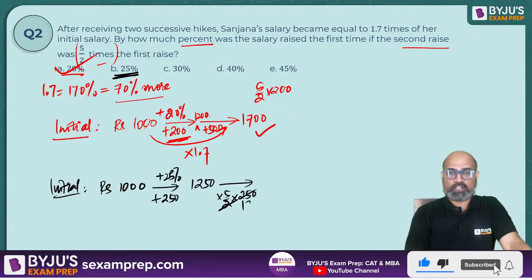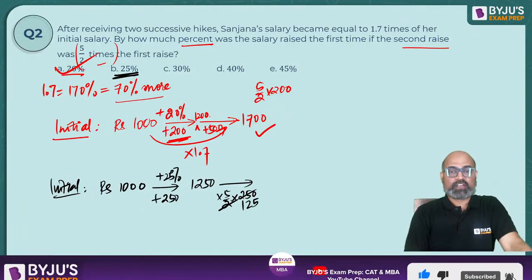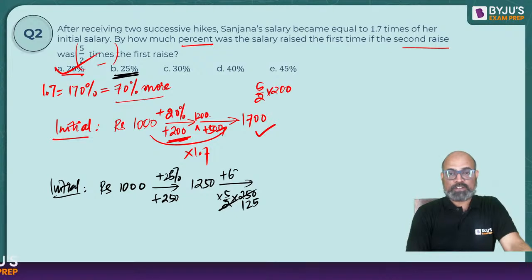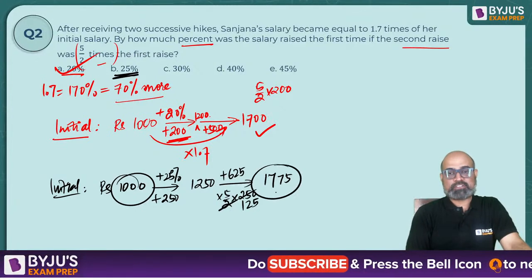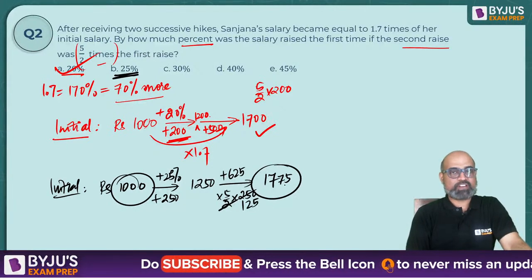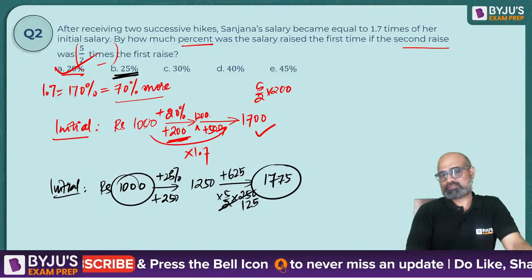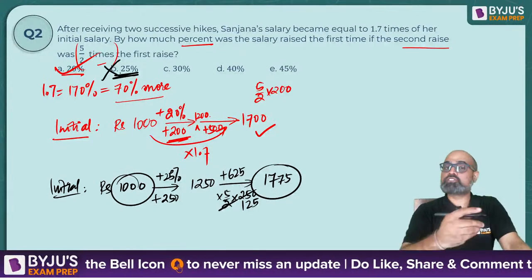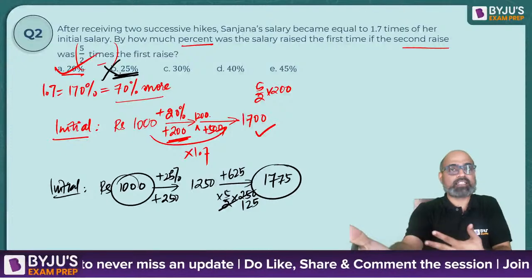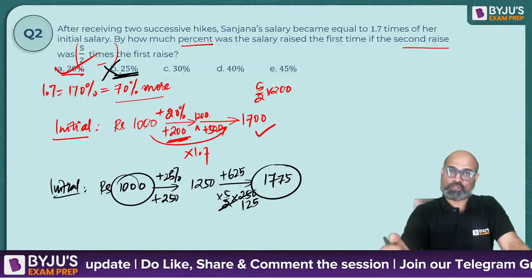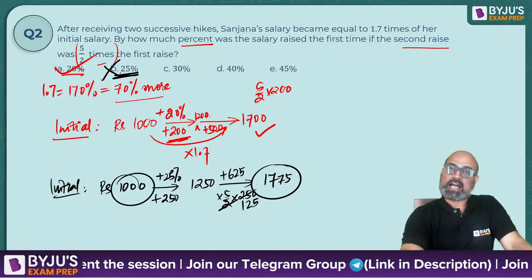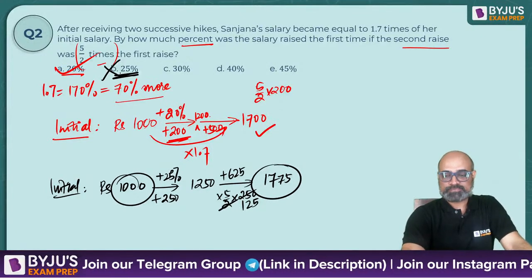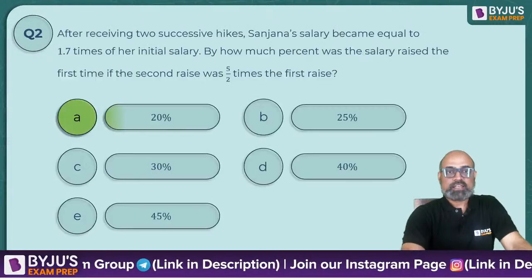So this is 125 into 5, which is going to be 625 increase. If I add to this, I will get 1875. Is this 1.7 times of 1000? 1775? No. So this can't be your answer because it doesn't match with the multipliers and the fractions given in the question, right? So it's A option, 20%. Okay. 20%.